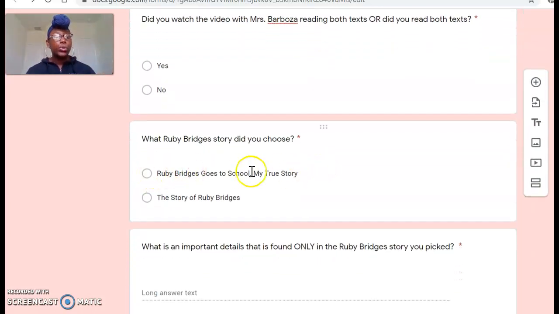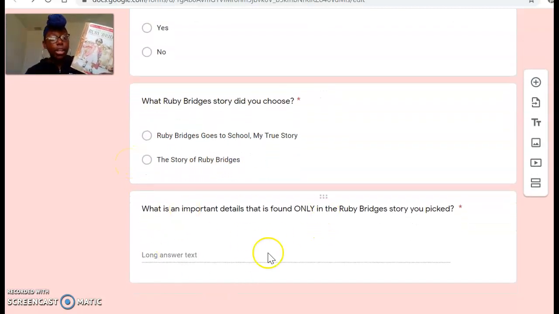Then you need to choose one of the Ruby Bridges stories. Are you choosing Ruby Bridges Goes to School, My True Story, or are you choosing the story of Ruby Bridges? Remember, after you pick one, that is the story you're going to give me a detail from. Then right here, you're going to type the important detail that you found in the story you picked.